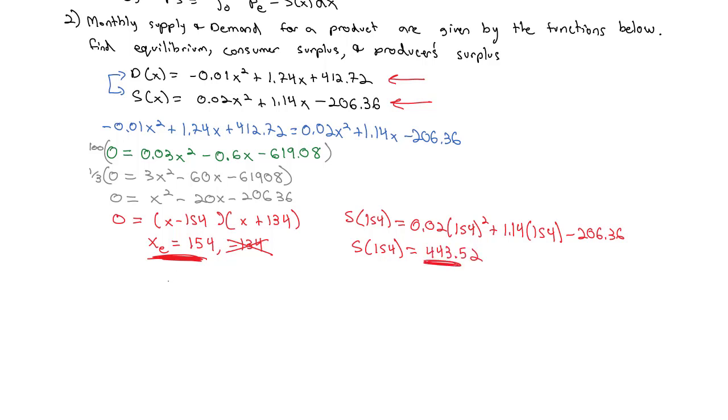So what we have shown here then is that at a price of $443.52, there will be 154 items produced.